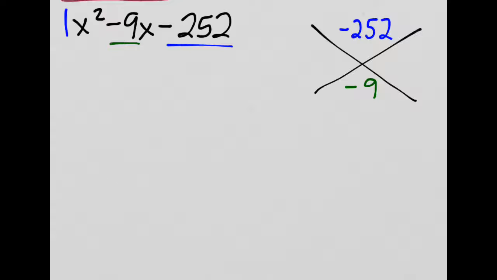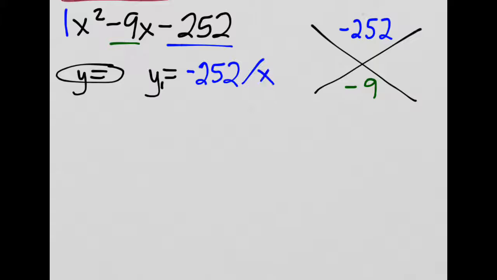So what you're going to do is hit the y equals button up at the top left-hand corner of your calculator, and you're going to type into your y1, y equals, your A times C, so your negative 252, and you're going to divide it by x.